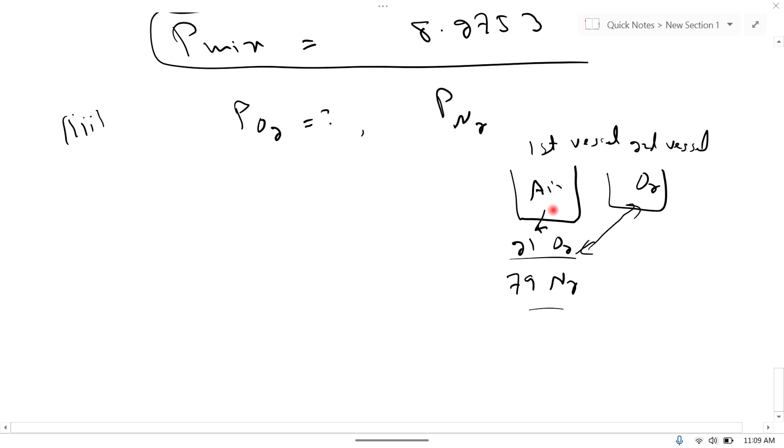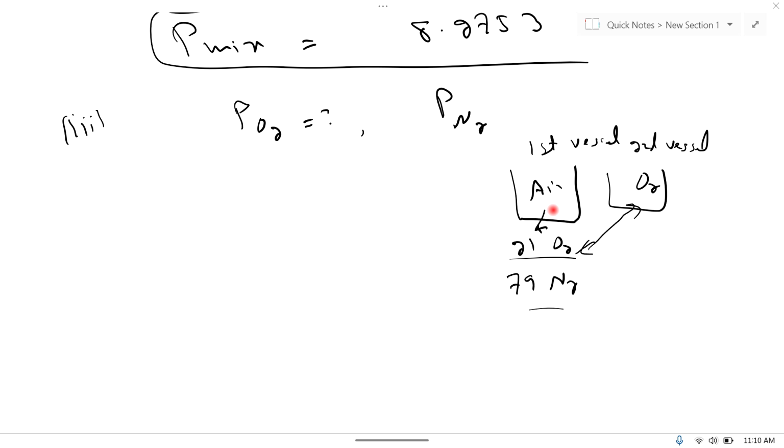Now for this we have to find the number of moles of each constituent, meaning the number of moles of oxygen and nitrogen, and then the mass of each, the mass of oxygen and mass of nitrogen, and then we have to find the partial pressure of each constituent.